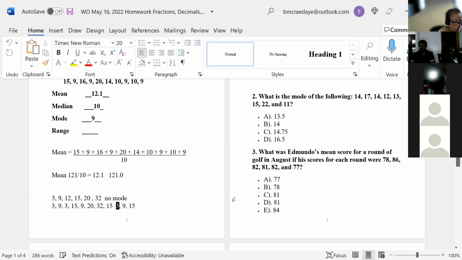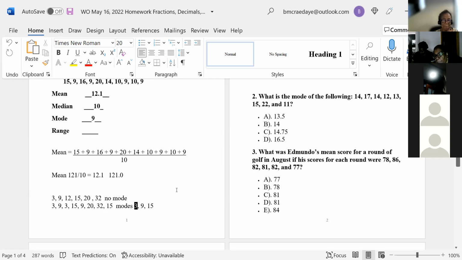So it would be 3 modes. Those are the modes. I have 3 modes because they all appear 2 times, and my other numbers only appear once, like 20 and 32. Questions? Excuse me, Miss Barbara, I didn't get that.